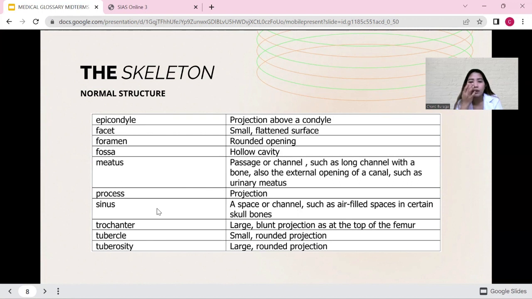Kasi usually air ang nandyan, pero nagkaroon ka ng mga sipon dyan, so magkakaroon ka ng sinusitis. Trochanter, it is a large blunt projection at the top of the femur. And the tubercle, small rounded projection. Tuberosity, the large rounded projection. All of these on face-to-face, much more na i-emphasize pa natin lalo.